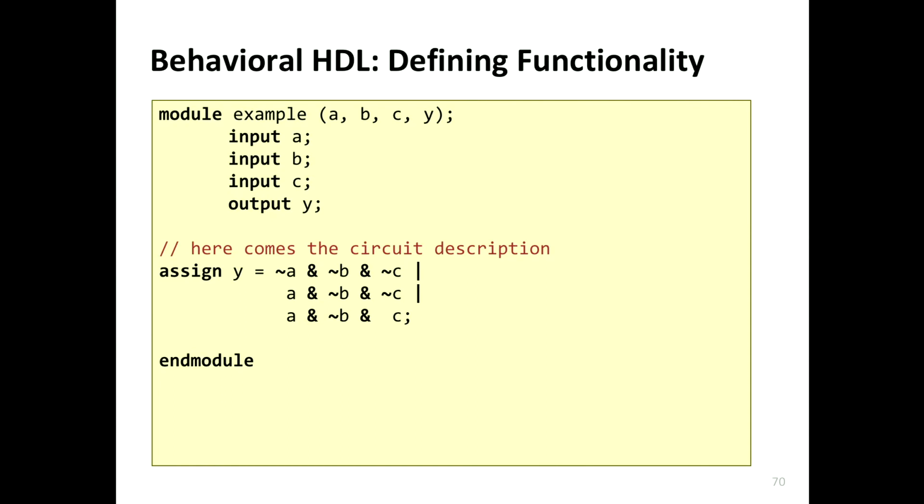And let's see what that circuitry is. So you have not A, not B. And then you also have a not C. And then, oh, this is getting complicated.